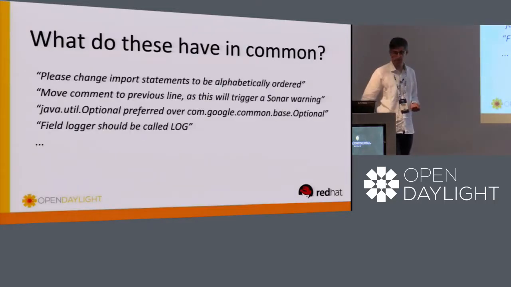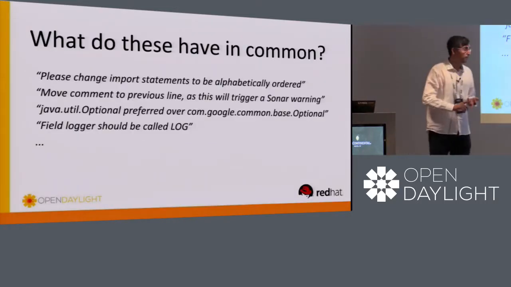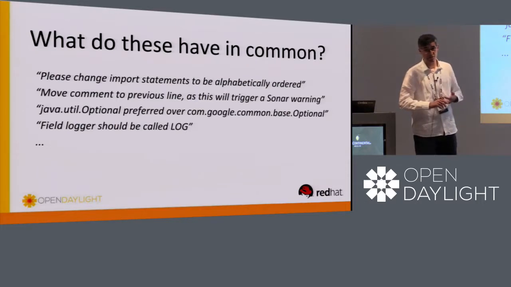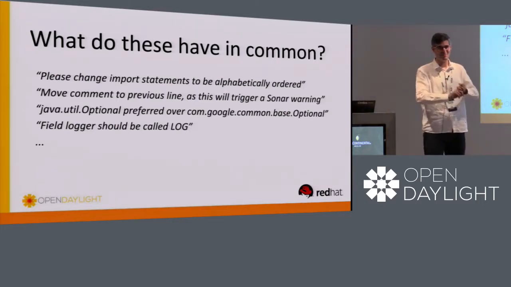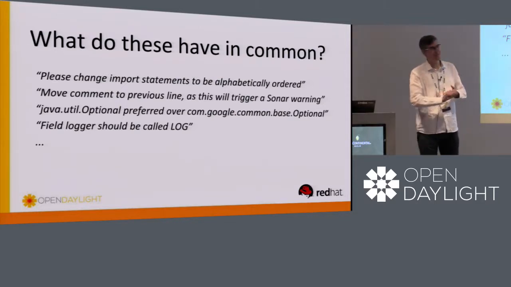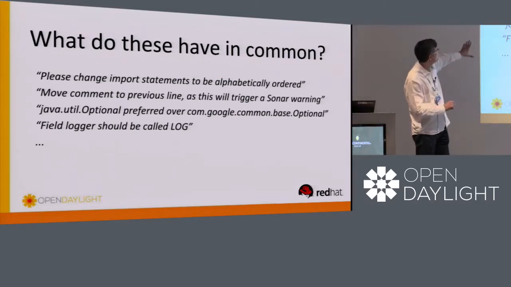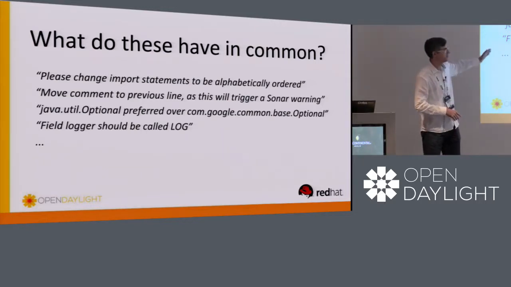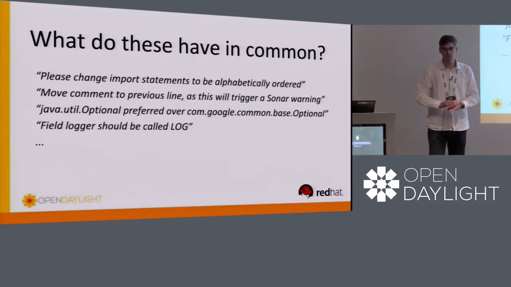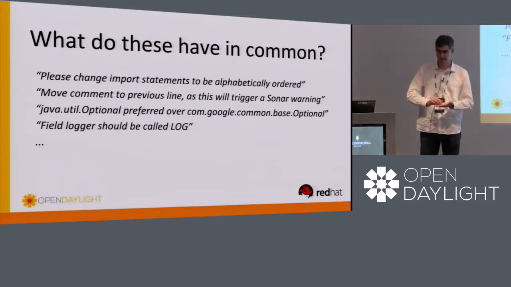Let me try to explain this with an example, just to make sure everybody is still high on coffee. A quick quiz in the room. I'd like to know who of you has an idea what these 4 example code review comments have in common. These 4 statements here are from real-world code reviews on OpenDaylight's Gerrit.